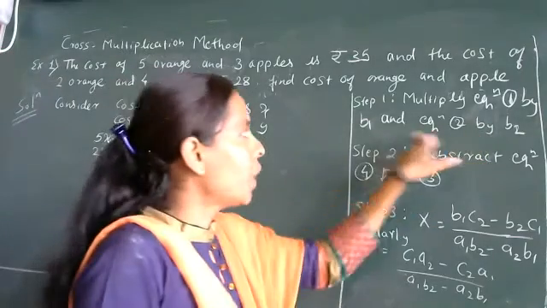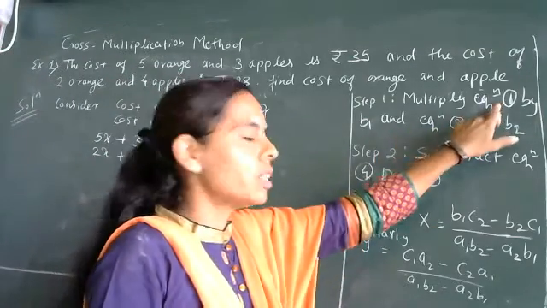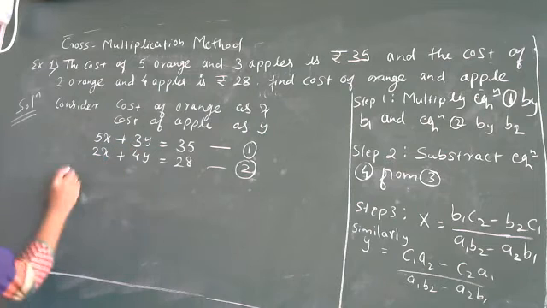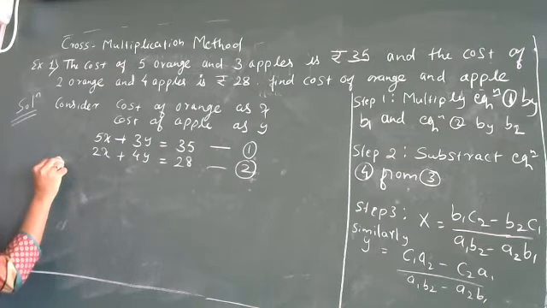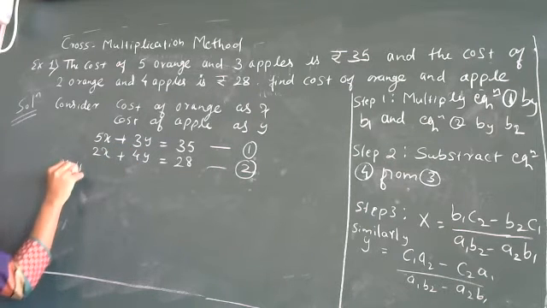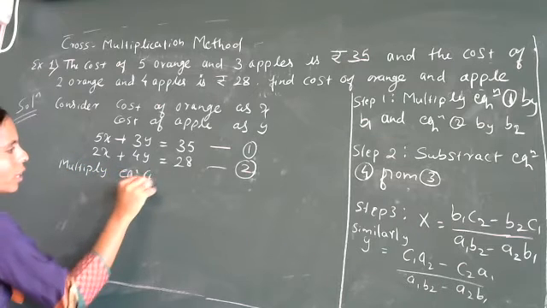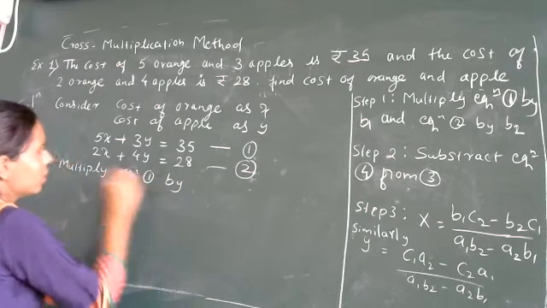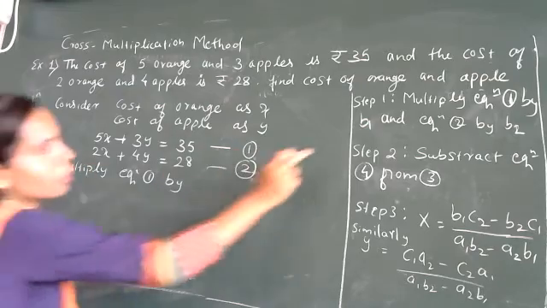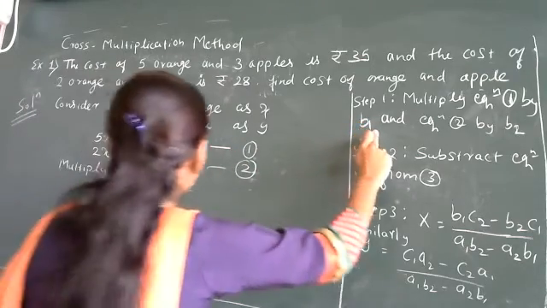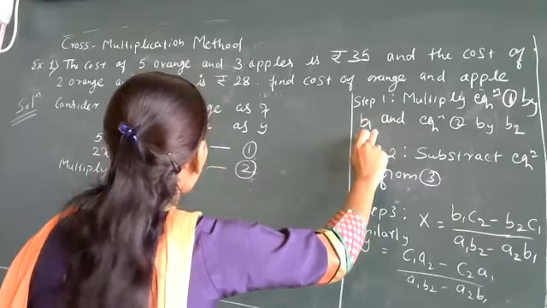So here we have said that we have to multiply the first equation with b1, and here b1 is 3. So write down step 1, that is multiply equation 1 by, what do we have to multiply? Equation 1 by b1 or b2.